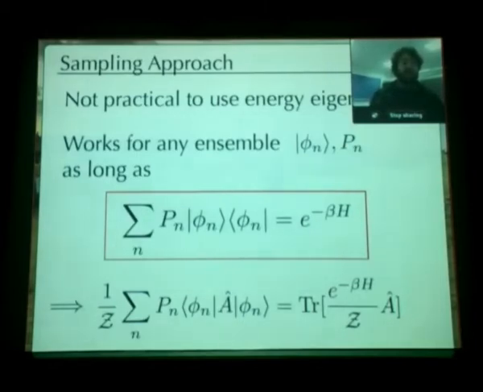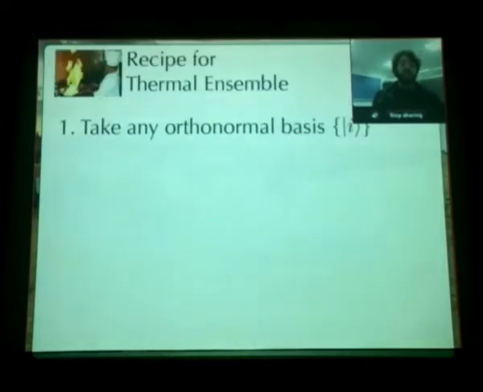And actually there are many different ensembles you can use. The energy eigenstate ensemble is one. The sufficient or necessary condition is that this ensemble is a set of states phi n, and let me point out these states can repeat. So the phi n's could all be the same, or they could be different.